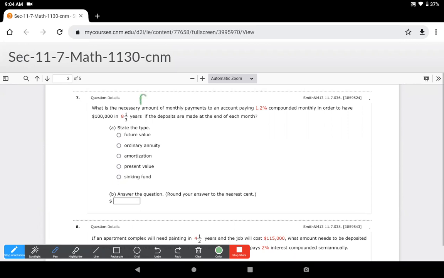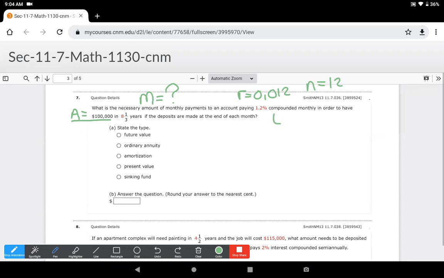Such a weird way to say it. To an account paying 1.2% compounded monthly in order to have, that's a future value, in 8 1/3 years.